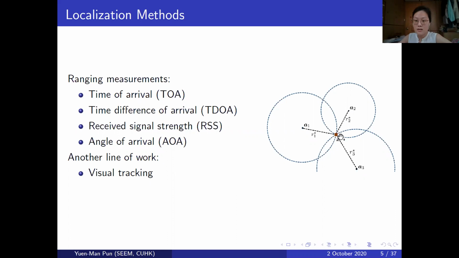TOA measurement is given by the signal propagation time between the anchors and the source, the target whose location we would like to find. Using the signal propagation time and multiplying by the speed of light, we can get the distance between the anchors and the target.